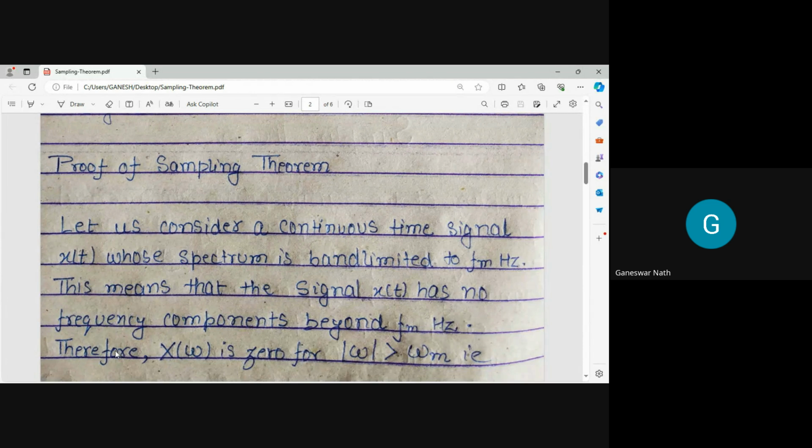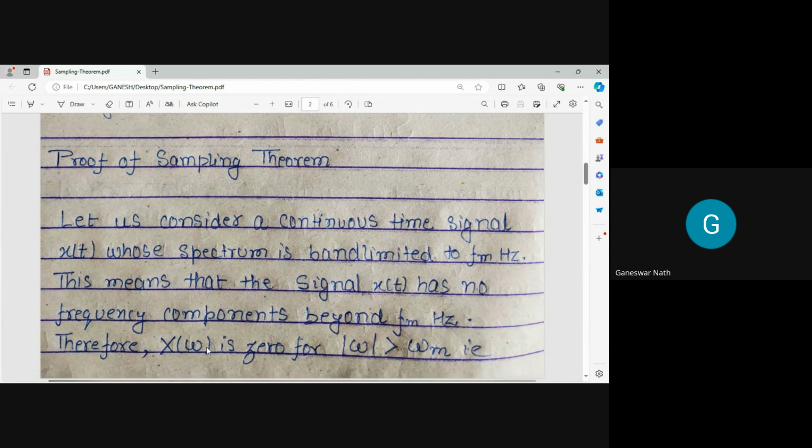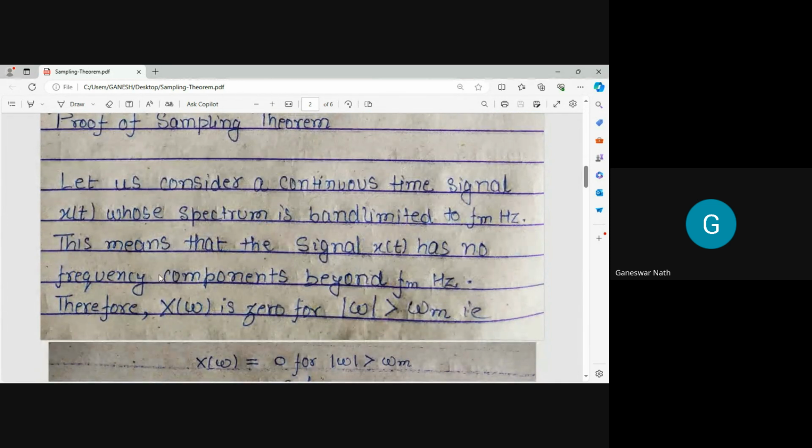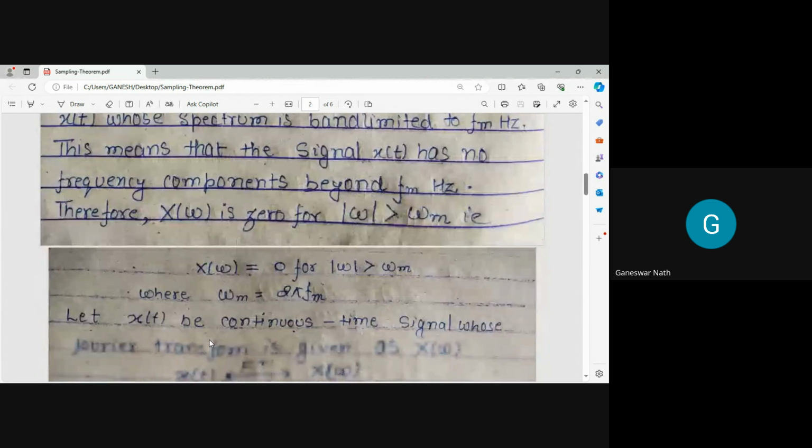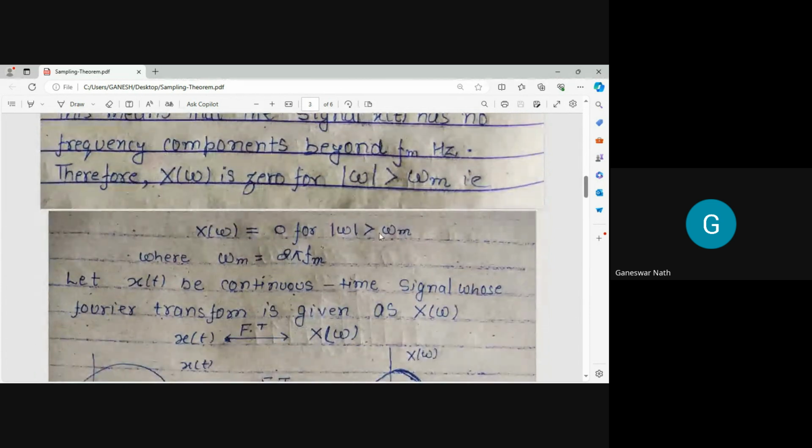Therefore, X omega is 0 for omega greater than omega m. That is, I can write X omega is equal to 0 for omega greater than omega m, where omega m is equal to 2 pi fm.